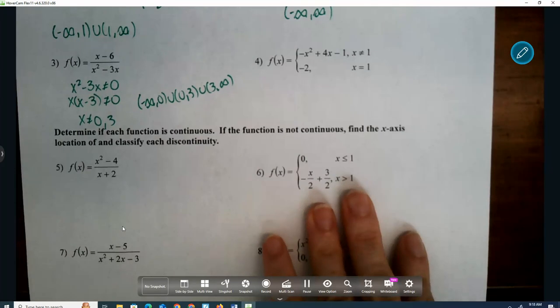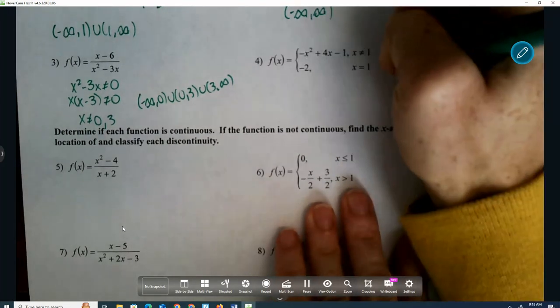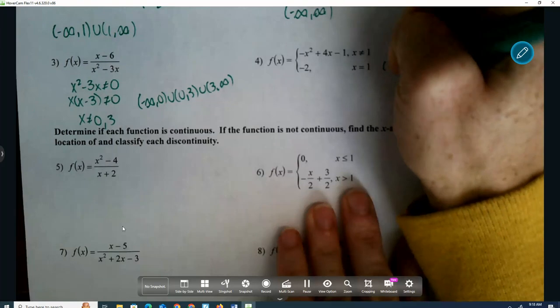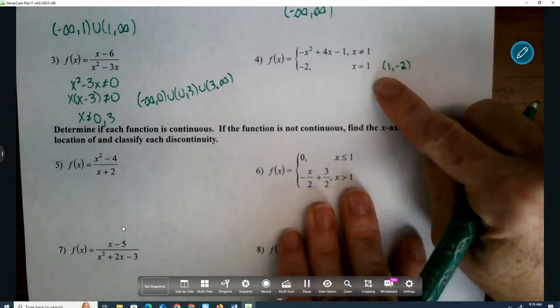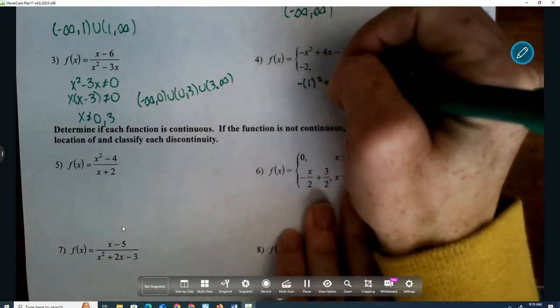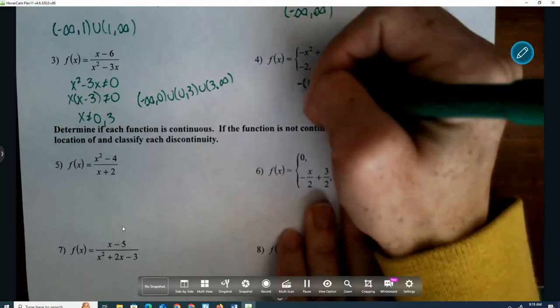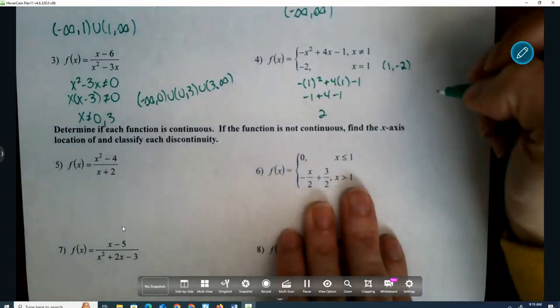Last one. Where am I worried that it might be an issue? At 1. I know the second piece, this is the point (1, -2). So if the first piece is also (1, -2), I'm good. It's continuous. If it's anything else, it's not. So if we put 1 into the first one, I get 2.